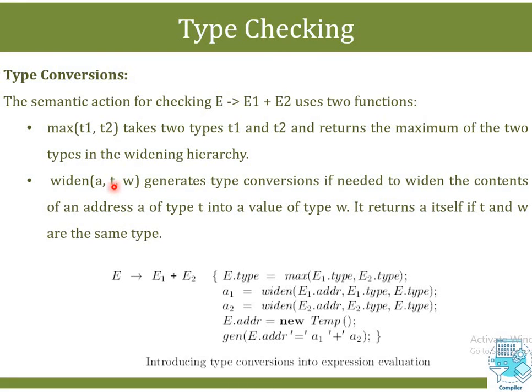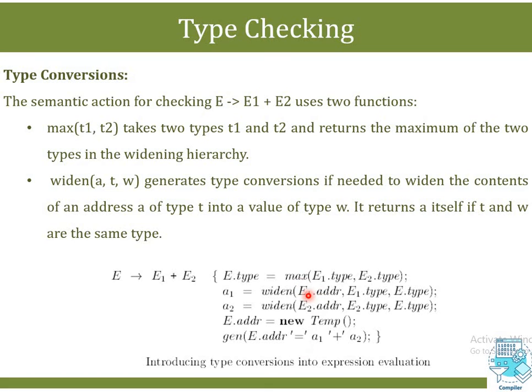I'll repeat once again: when you say a comma int, the widening operation will not be performed, because the second and third arguments are both integers. When T and W are of the same type, the widening operation will not take place.